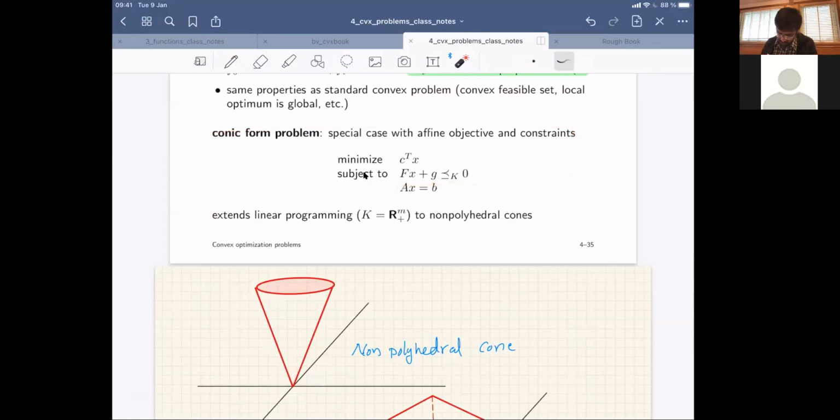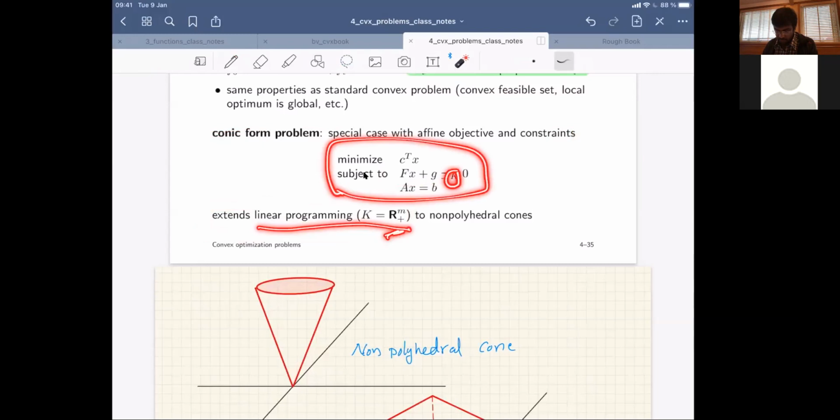My question is, let's try to understand this. They are saying linear programming is when the cone is R plus to the m. Why? I'm considering the framework where you take the cone to be R m plus.